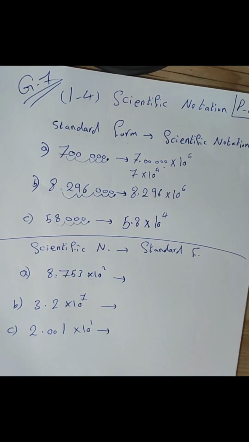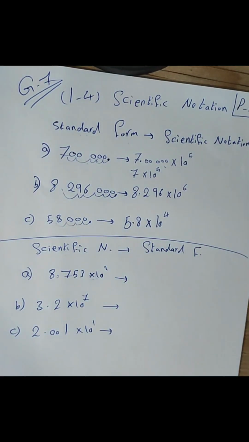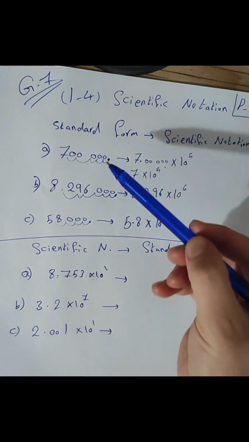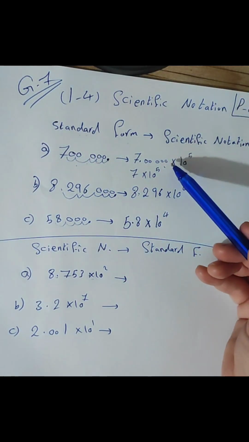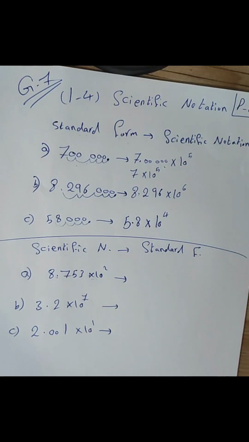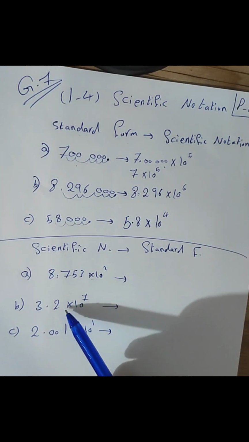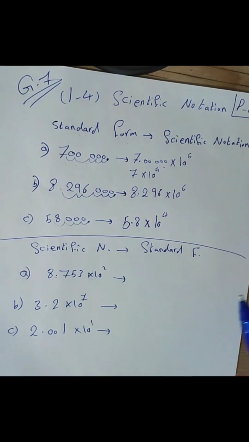These questions are different. We will change scientific notation to standard form. Look, we moved it to the left side, right? We moved it to the left side and we added times, base 10 and exponent. But this question is different. We have point, times, base 10.